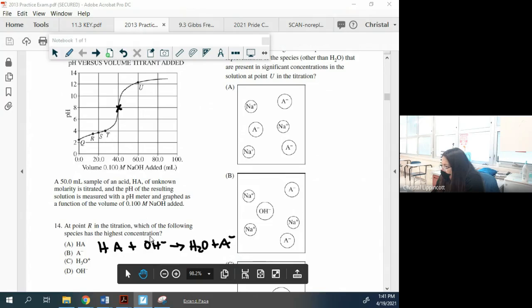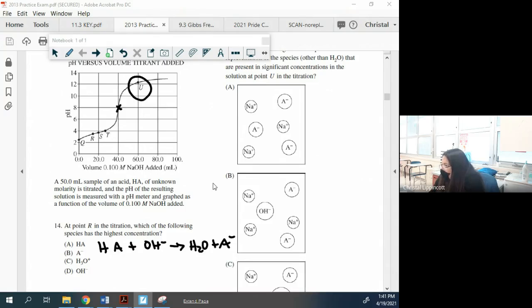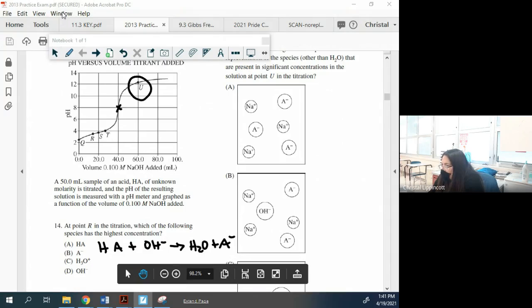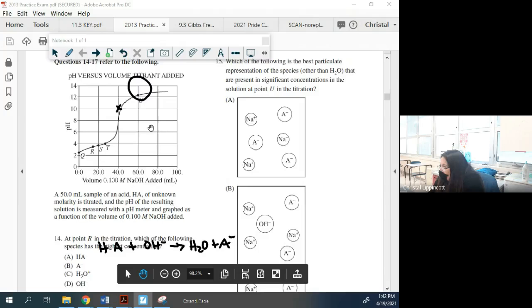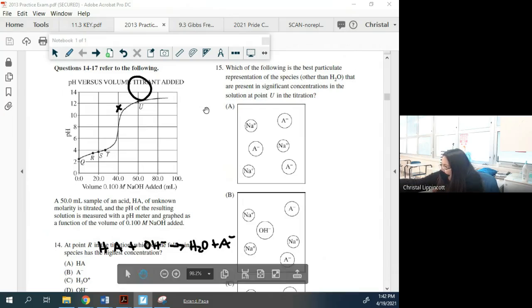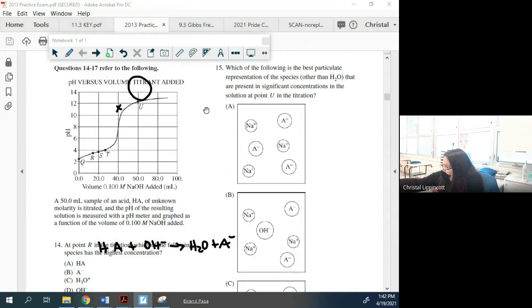So I don't have any of that guy present at all. Now they're asking us about U here. Which of the following is the best, other than water, that are present at U in the titration? So U is here.